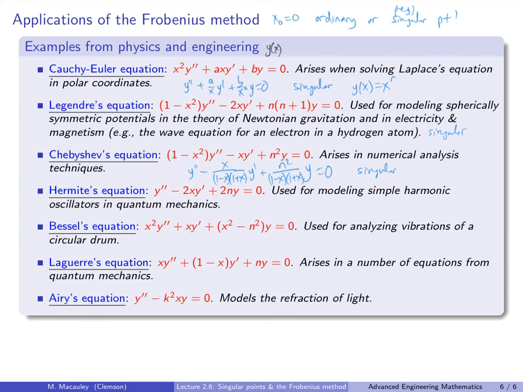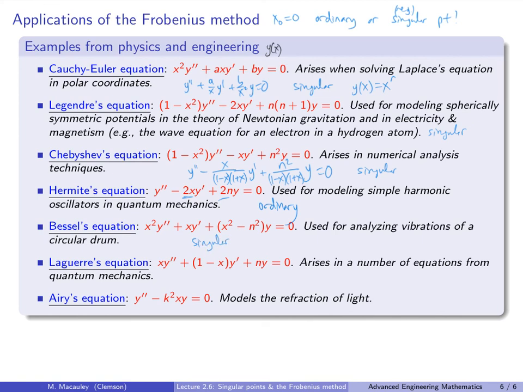Now, Hermite's equation is going to have a complicated, weird weight function when we study Sturm-Liouville theory. But it looks like a very simple equation, and 0 is defined for both negative 2x and 2n, so 0 is actually an ordinary point. We're just doing this for practice. For Bessel's equation, we have to divide through by x squared, so this is going to be singular.